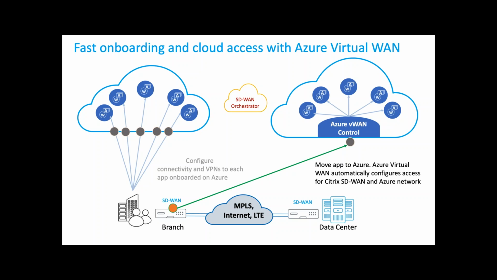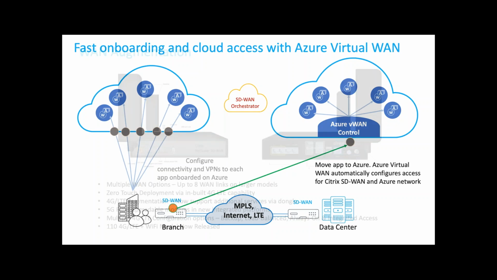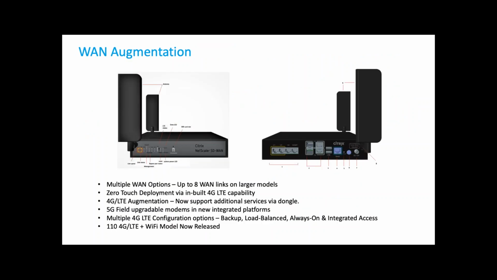Now, these are the 210 appliances that we're looking at here. What we can do here is augment the WAN connectivity as your business needs grow. We can see that this can support up to 8 different WAN links, which is fascinating because some sites might come up with an MPLS link, and NBN might become available, which is Australia's latest network, the National Broadband Network.